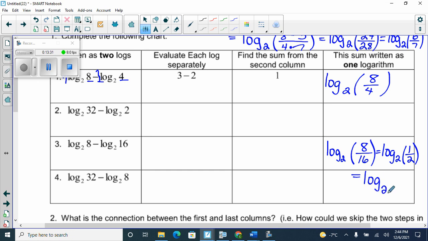2 to the negative 1, right? Any fraction can be written as that number brought up to a negative 1. And then what happens when we have two bases that are the same? When we have this and this the same? The answer is exponent.